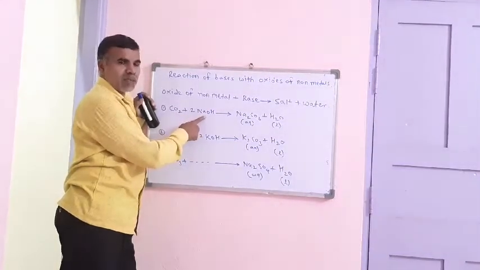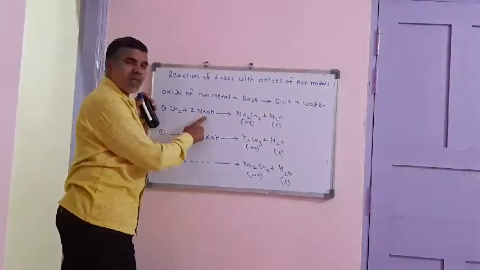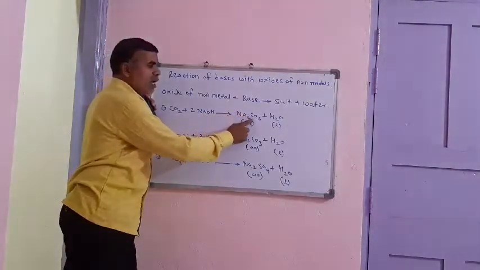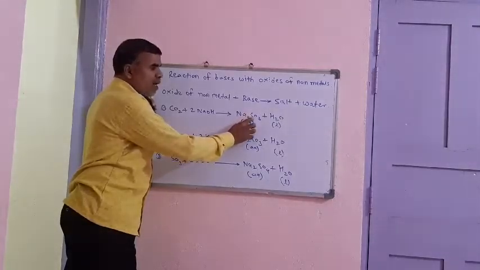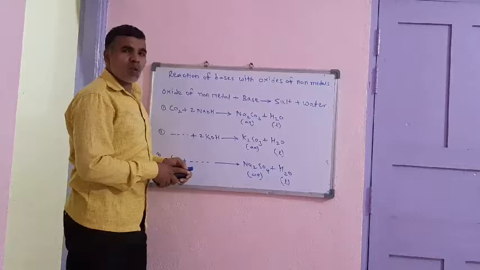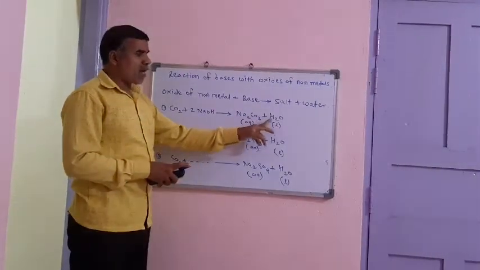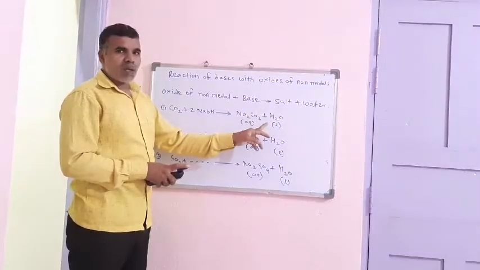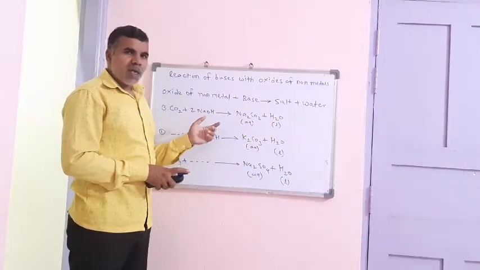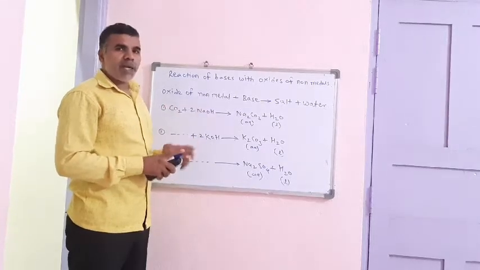NaOH is a base. So carbon dioxide reacted with sodium hydroxide, we get sodium carbonate and water. Sodium carbonate is known as washing soda. So we get sodium carbonate and water, means salt and water. In this reaction, any base reacted with a non-metal oxide, we get salt and water.